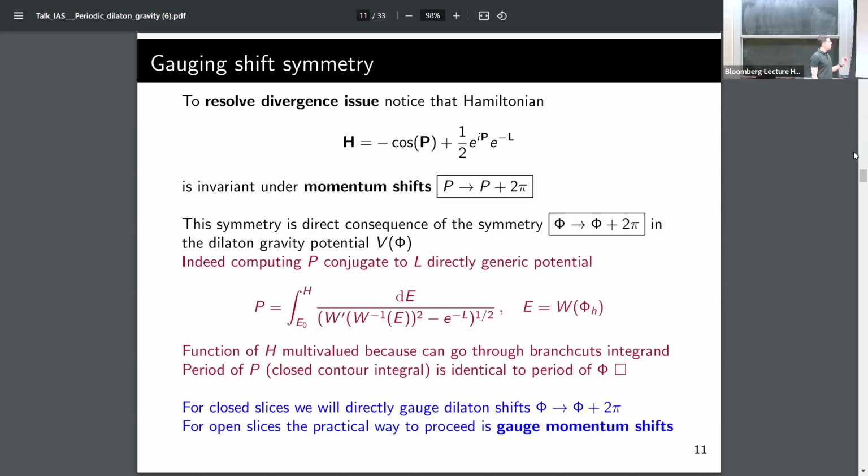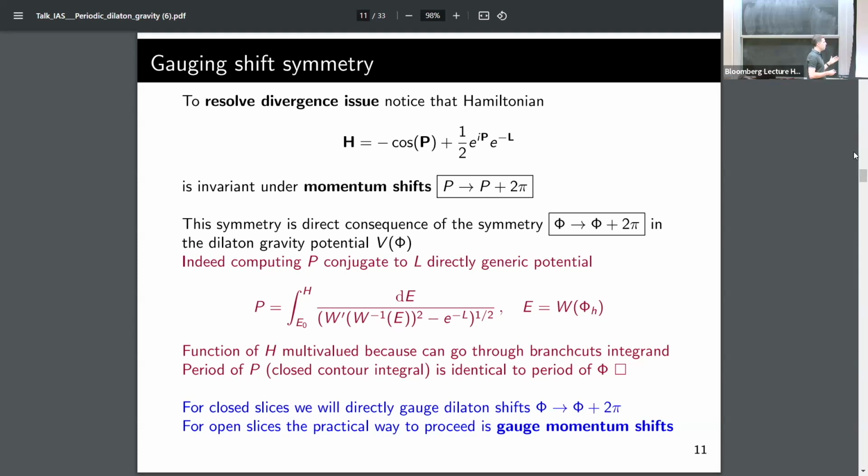Okay, so for open slices, actually what I mean is this. It just means that the Hamiltonian is invariant under momentum shifts. And it's this symmetry that I will be gauging for open slices. For closed slices, it'll be somewhat different, but we'll come to that. But I want to emphasize that, even though I'm not at this point immediately gauging this phi shift symmetry, it is a direct consequence of the periodicity of the potential.